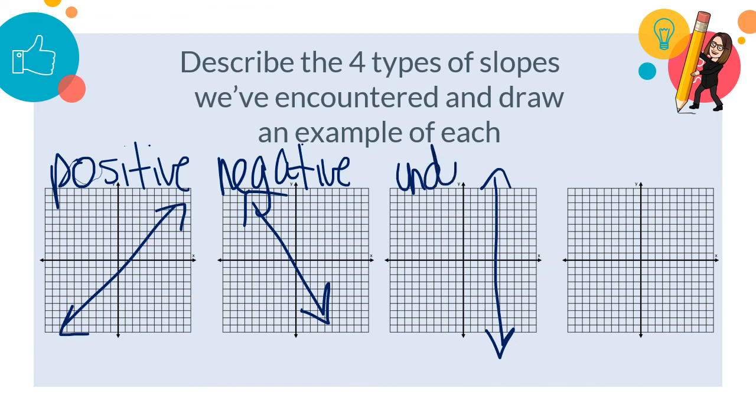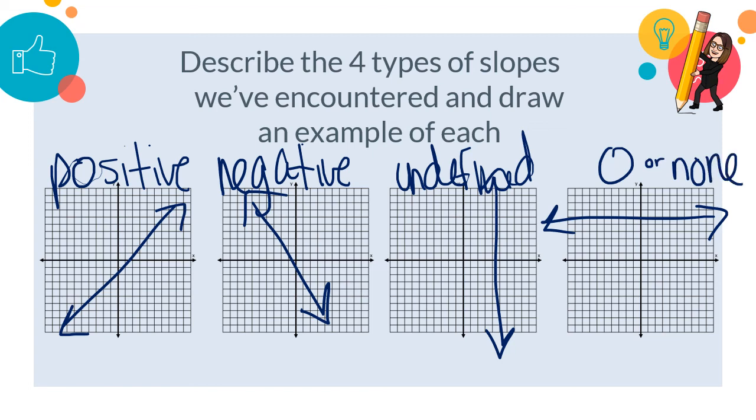That's undefined. And we also encountered horizontal, which is a slope of 0. Okay, you could say 0 or none, no slope. So you will be asked questions like this sometimes. Positive, negative, undefined, or 0. Those are the only types of answers that you can get.